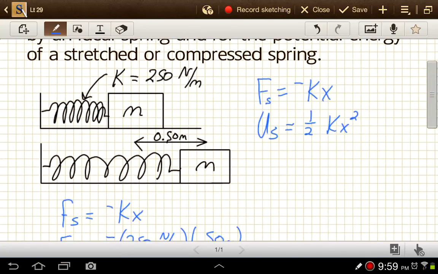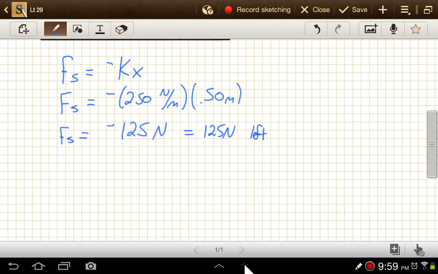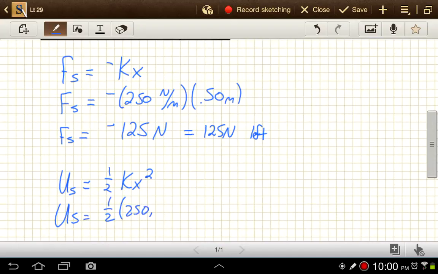For the potential energy, we do 1/2 kx squared, that's U_S, it's 1/2 kx squared, so that's 1/2 times 250 newtons per meter times 0.50 meters squared.